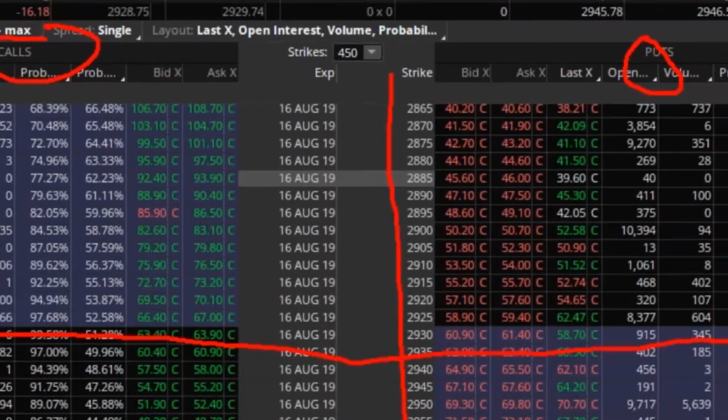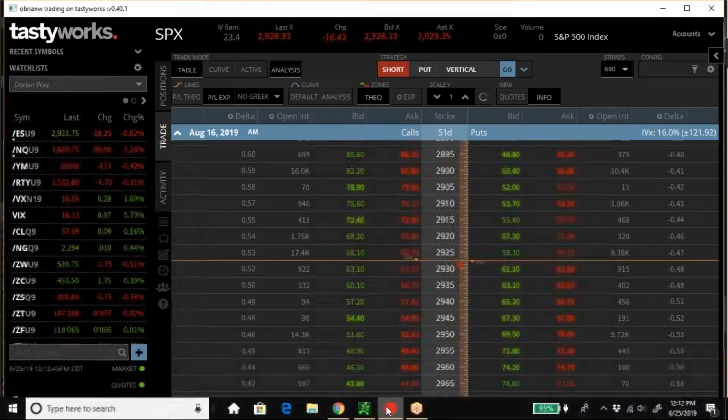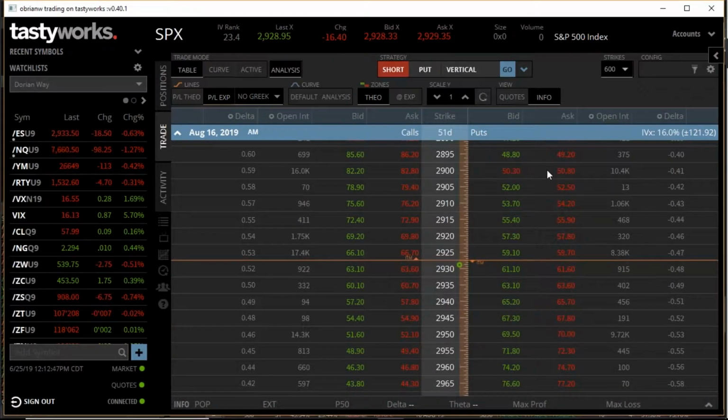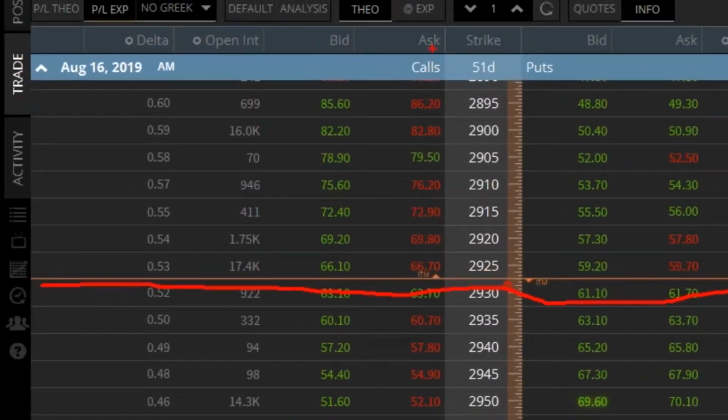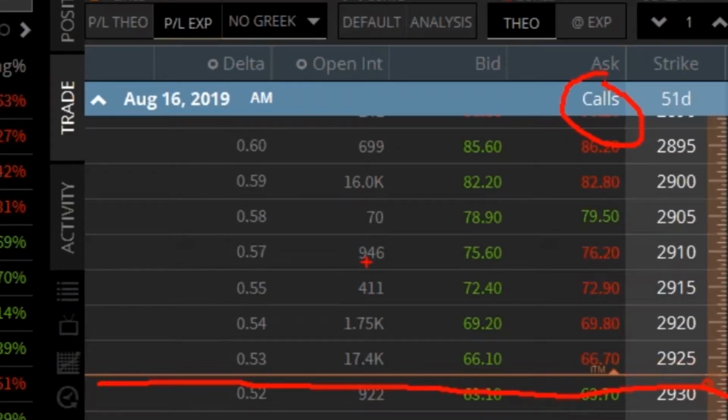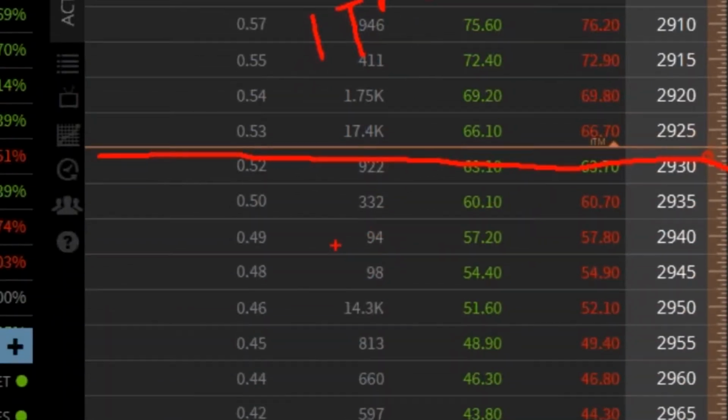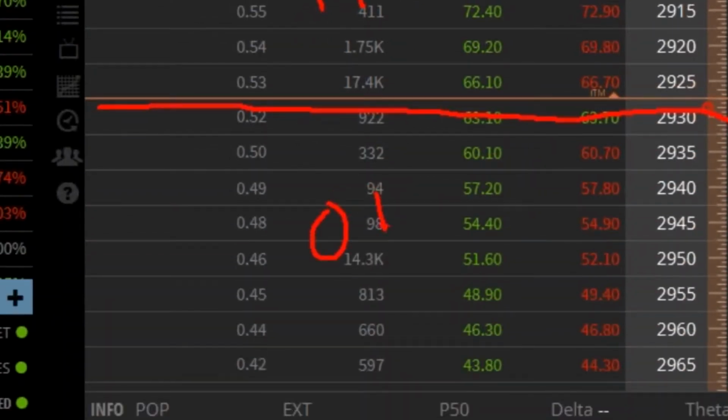So jumping back over to the TastyWorks platform, let's dive into the option chain just a little bit more. Once again, this orange line here on the TastyWorks platform is the horizontal line, and on the call side, below the horizontal line is considered in the money, the ITM, and above it is considered out of the money, the OTM.